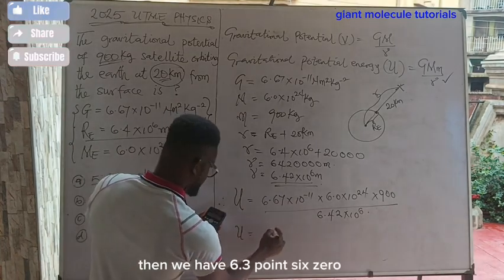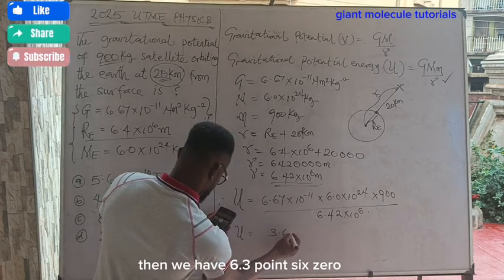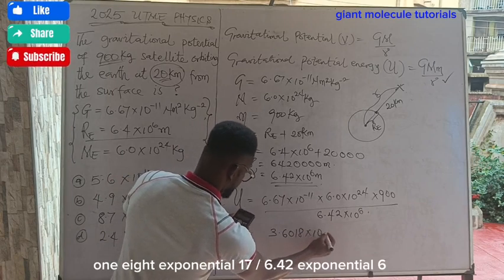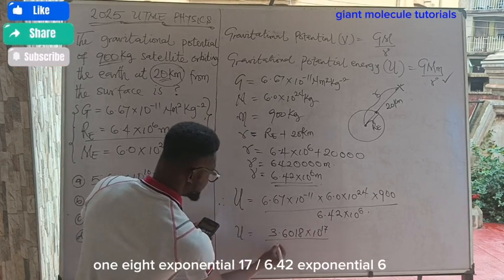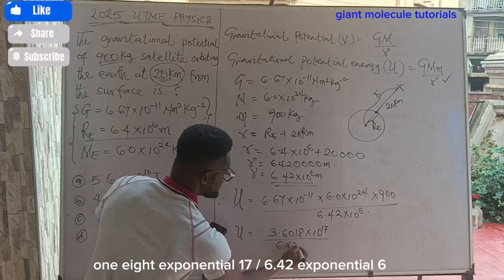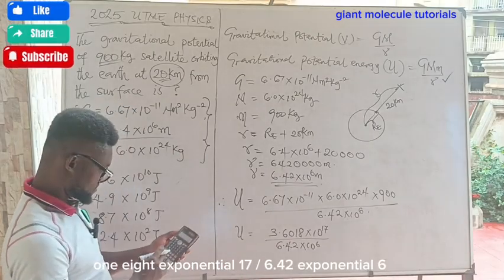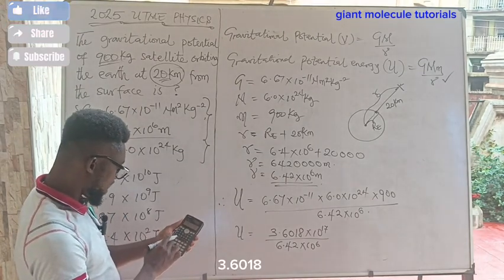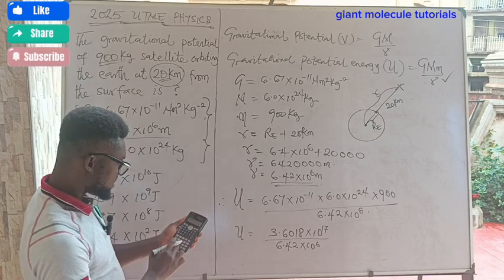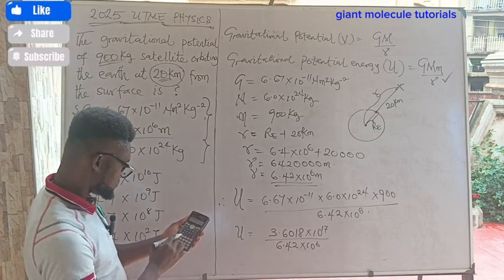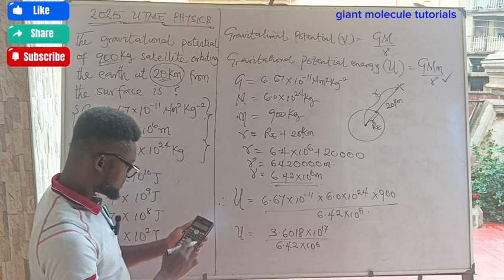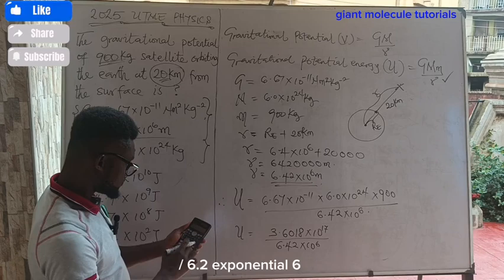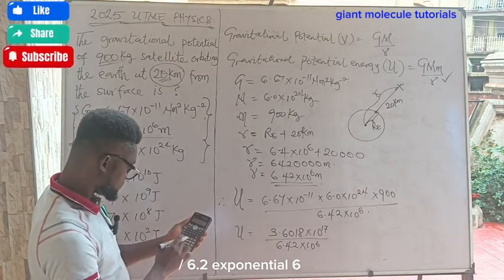Then we have 3.6018 exponential 17 divided by 6.42 exponential 6.